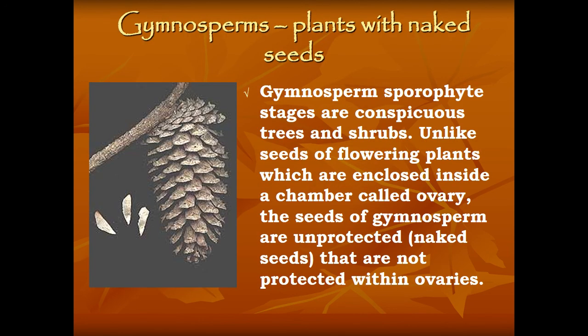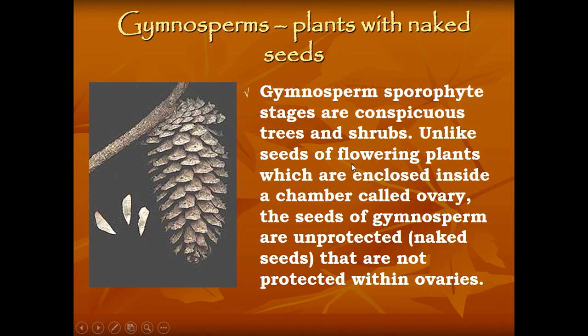So first, we're going to look at the third plant group, which is the gymnosperms. They have a vascular system and seeds, however no flowers. The gymnosperm sporophytes are conspicuous trees and also shrubs like this.